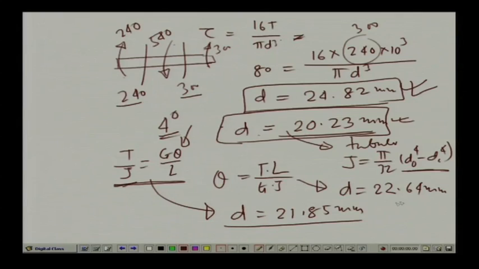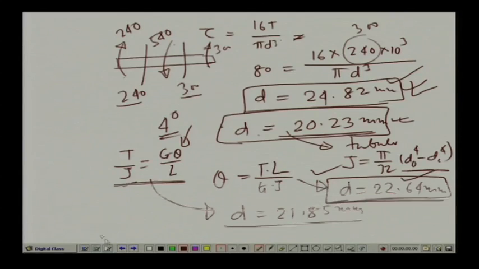In this particular case, the diameter 22.64 is the governing one. So in the first case we had 24.82 millimeters as the diameter to be provided, and in this case we will have to provide 22.64 millimeter to resist the twisting moment through the gears as shown.